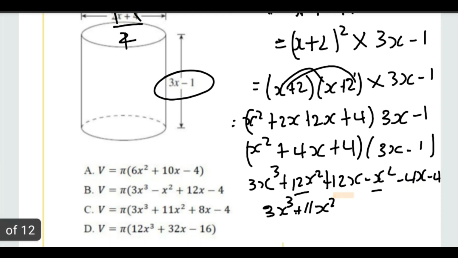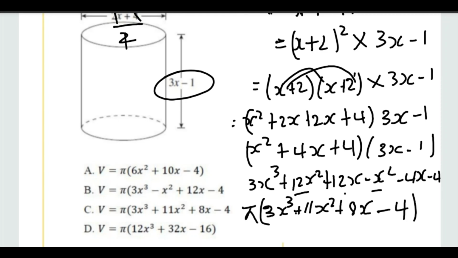You work on those two: 12x minus 4x will give you plus 8x. And then minus 4. So that is 3x cubed plus 11x squared plus 8x minus 4, and we know all of this has to be multiplied by the pi that we left out, right? So it's pi times all this that will give you the volume of that cylinder, and that answer there is C.